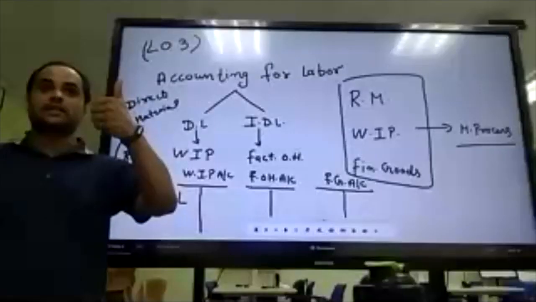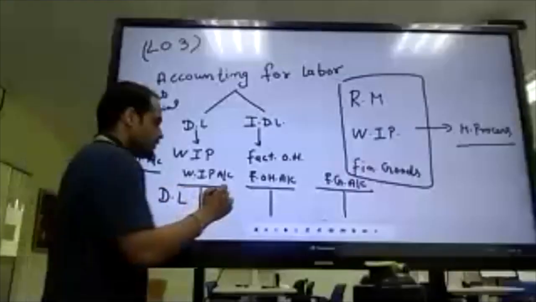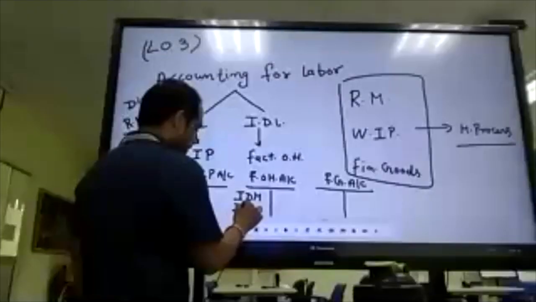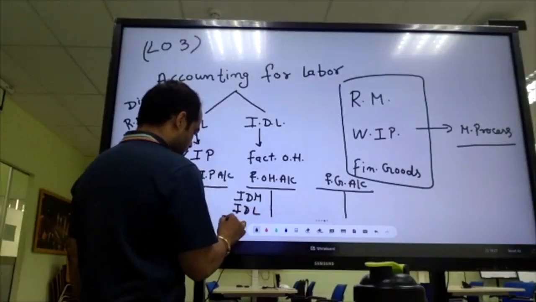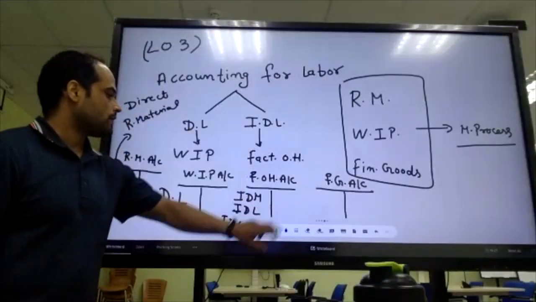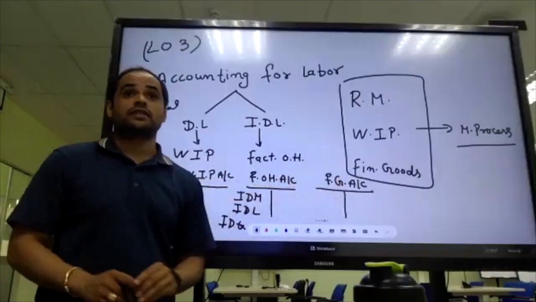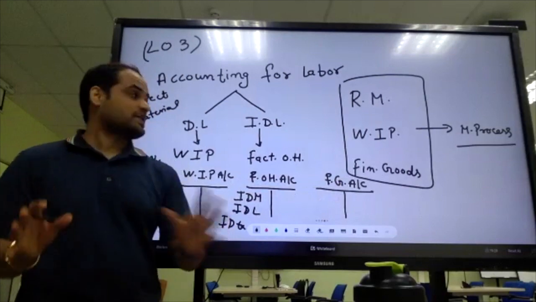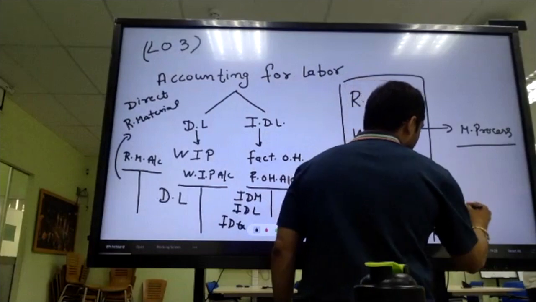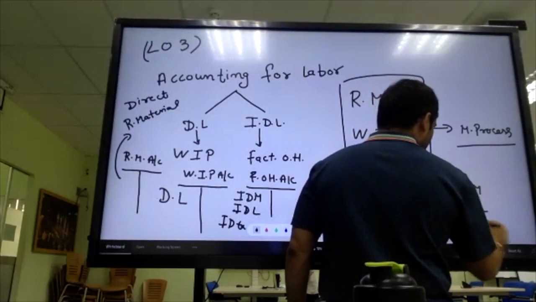So it means indirect material, indirect labor, and indirect expense, right? That is your factory overheads. And finished goods is a combination of all costs, because finished goods is finished. When goods are finished, it includes three things: direct material, direct labor, and overheads.